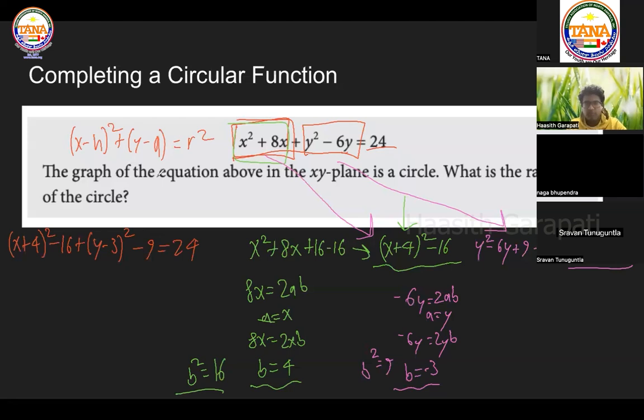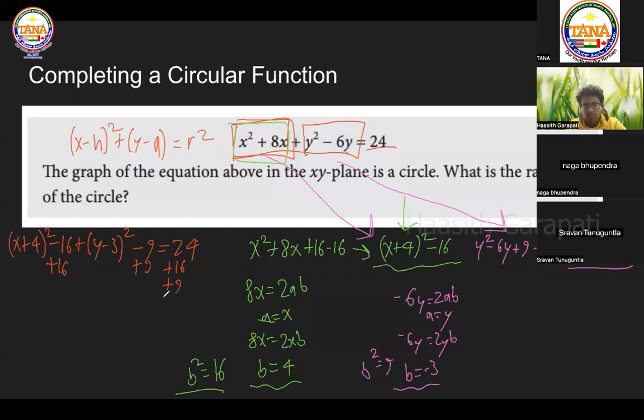Now, in order to get into circular function form, we have to get rid of all the constants on the left side. We add plus 16 plus 9 to both sides. What do we get? We get x plus 4 squared plus y minus 3 squared is equal to 49.